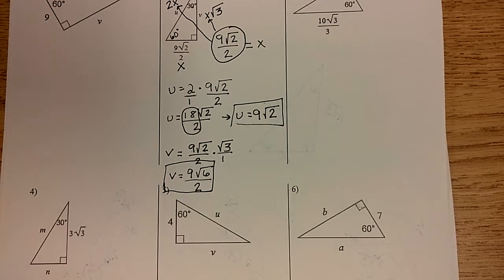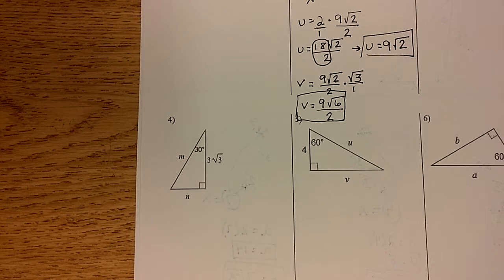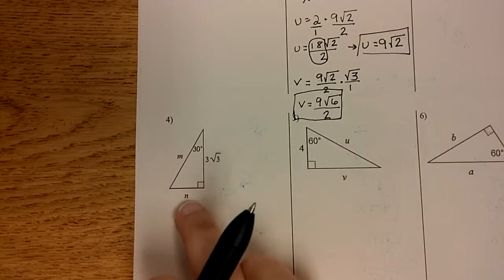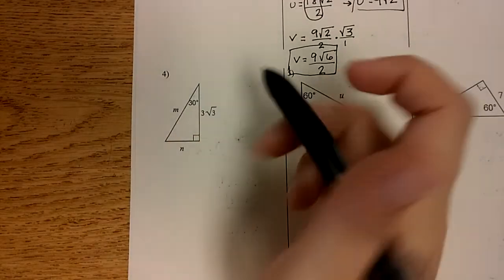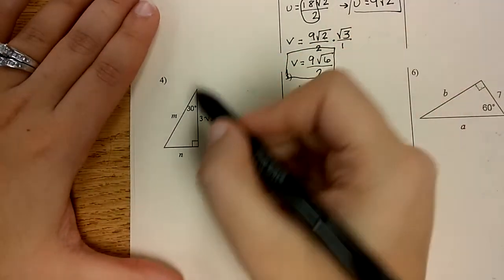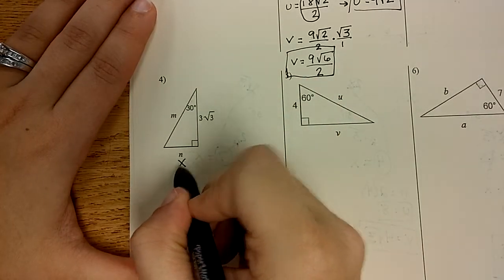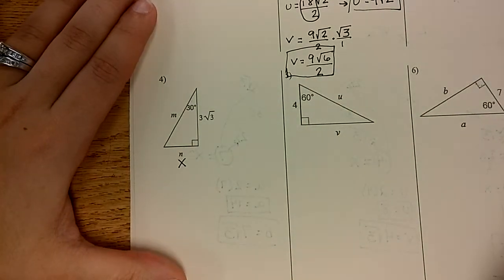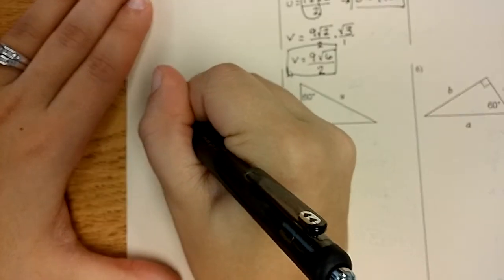Let's do one more. Let's go to number 4. Even though these are numbered differently, the second number 4 here. So step 1 is label your sides. Well, across from 30 degrees, the shorter leg is labeled with x. The hypotenuse across from 90 degrees is labeled with 2x.